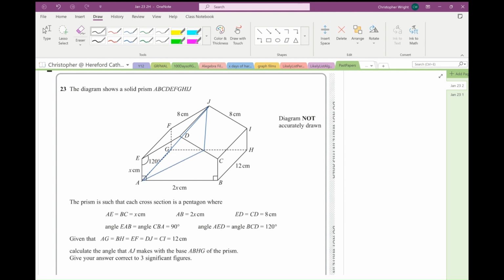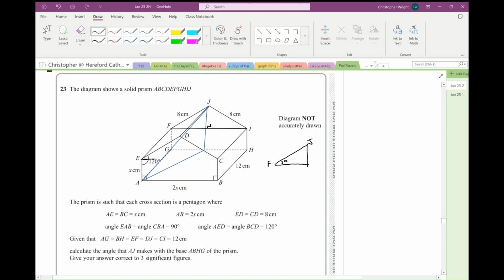Right, let's start by considering this triangle here. If I cut that across there, now what shall I call this? I'll call this N here. You can see that I've got a triangle F to J down to N. Now I know that this angle here is 30 because that's 90 there, leaves me with 30.